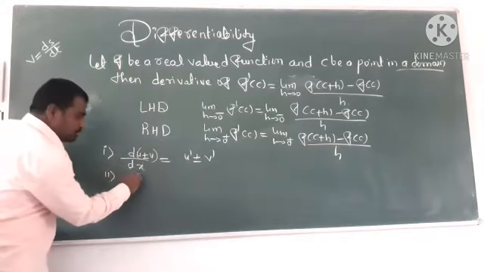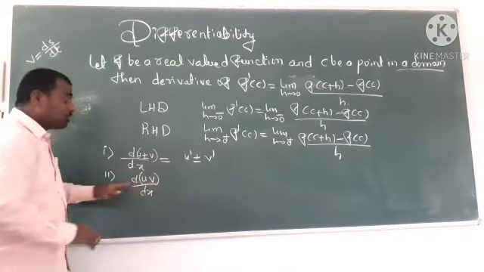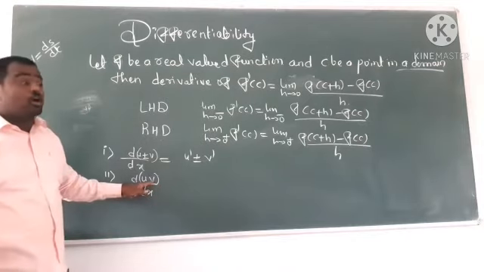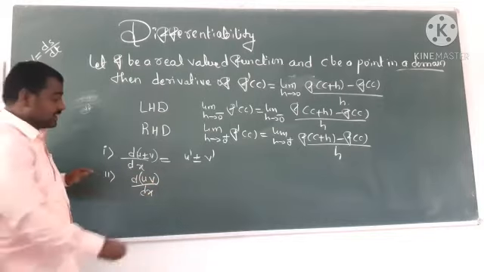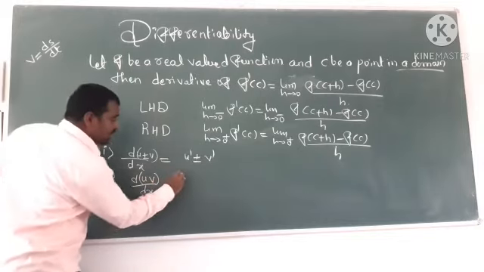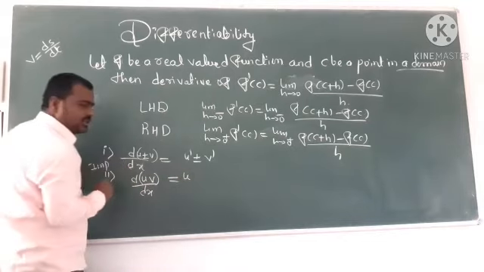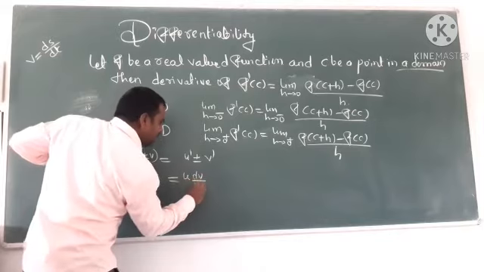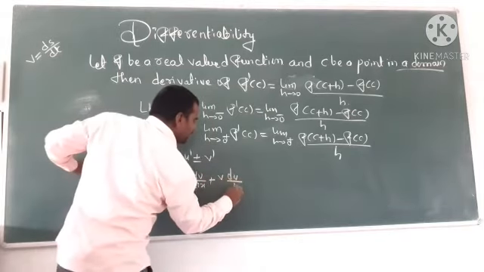Second one, most important: d(uv) by dx. Here the product rule is there, right? Multiplication formation is there. So first u constant, most important, this one, right? So u times dv by dx plus v times du by dx.